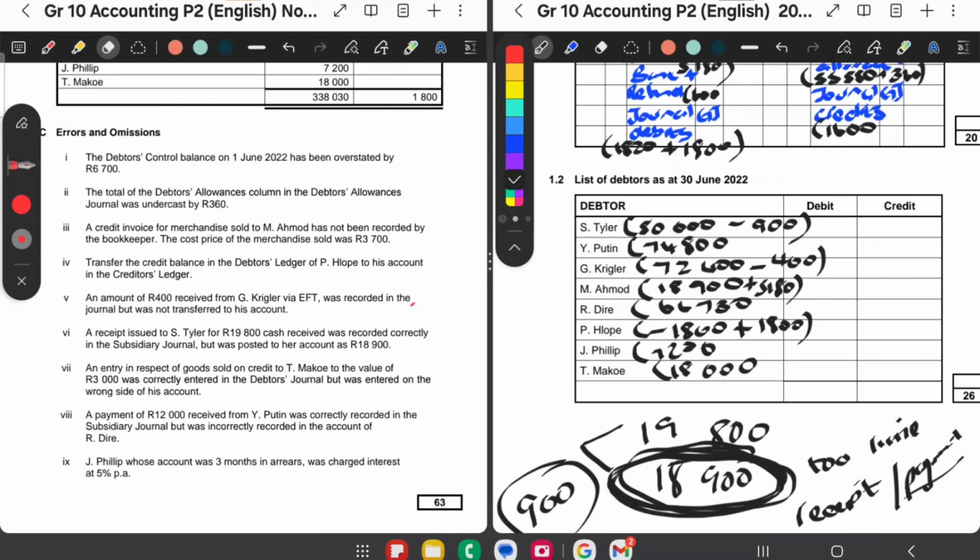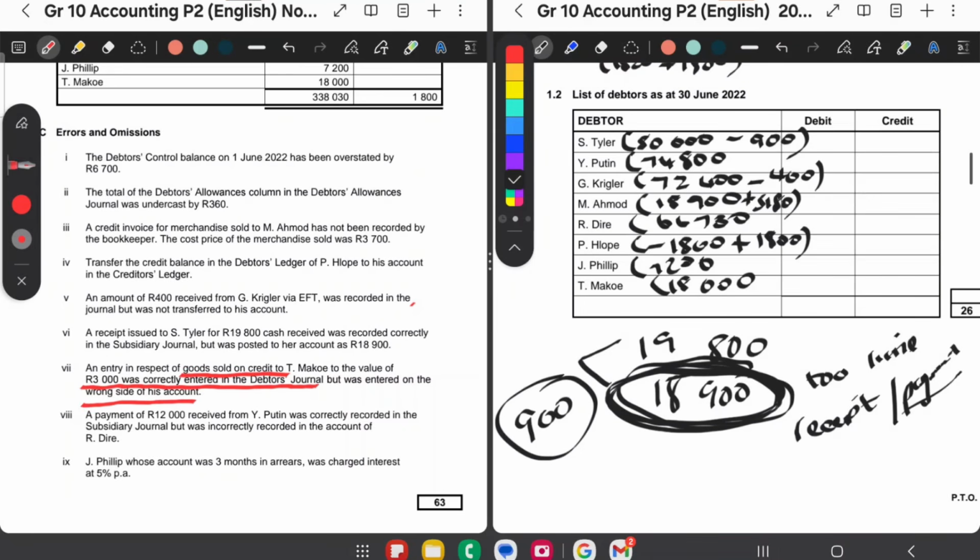My next adjustment says an entry in respect of goods sold on credit. So goods sold on credit, that's an invoice, to T. Macau to the value of 3,000 was correctly entered into the debtors journal. So the mistake is not in the control account, but was entered on the wrong side of his account.